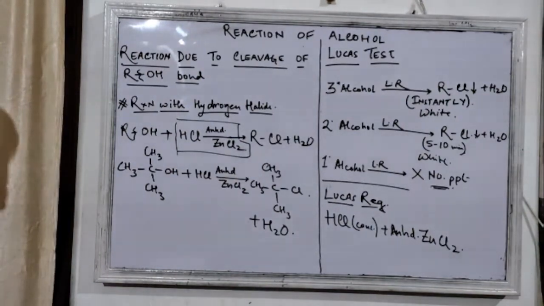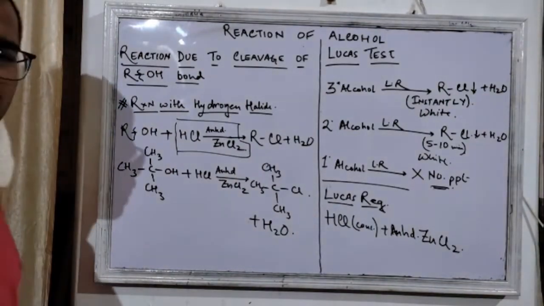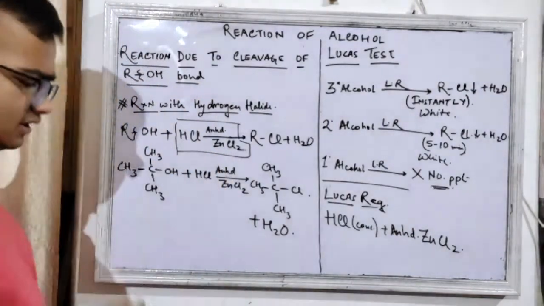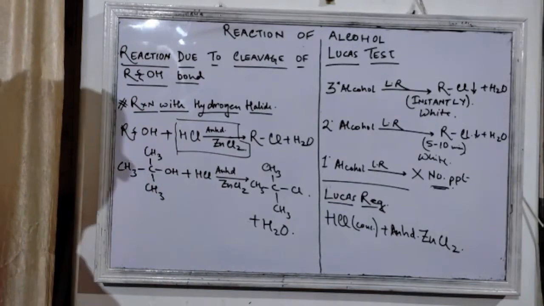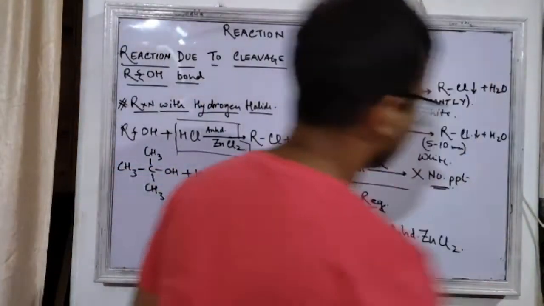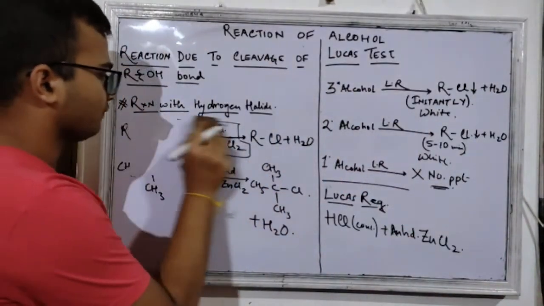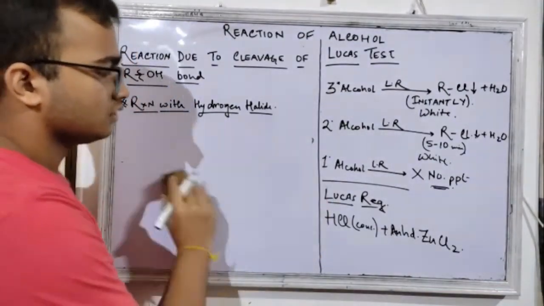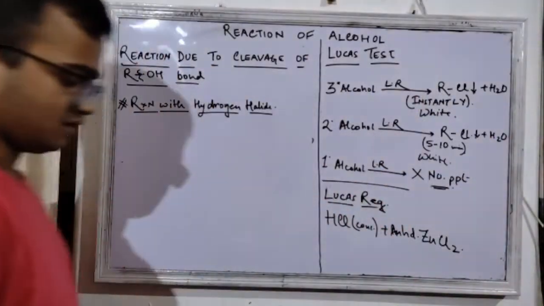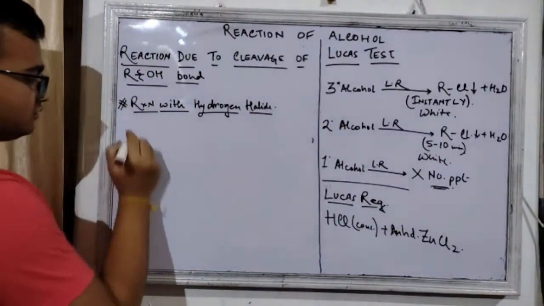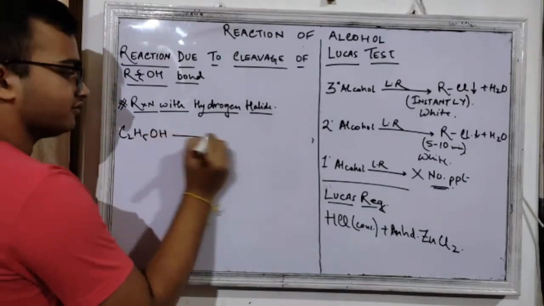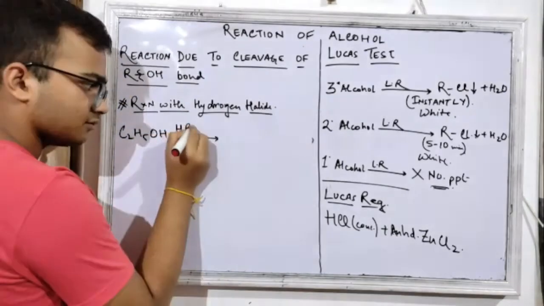Next, we'll have a similar sort of reaction, not the Lucas test, with HBr. Now, if this is replaced with HBr, let's clear out and make it with HBr. Let's take C2H5OH and treat it with HBr.